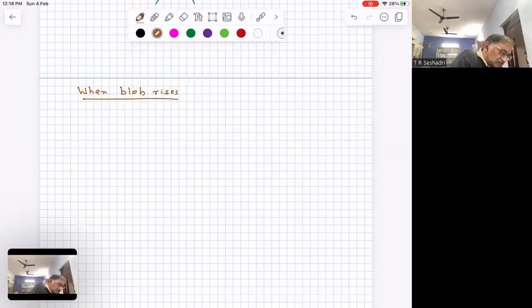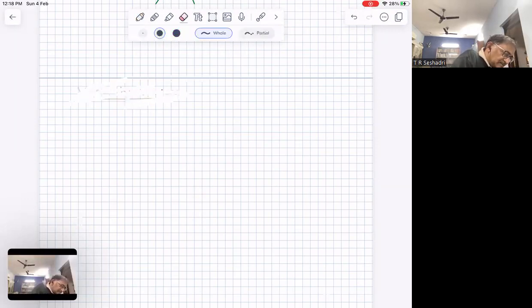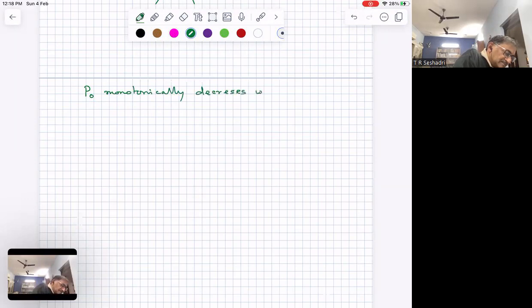Let us assume to begin with, which is reasonable, that the pressure outside monotonically decreases with height.